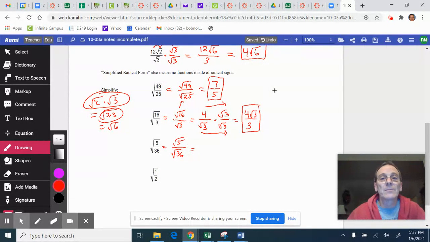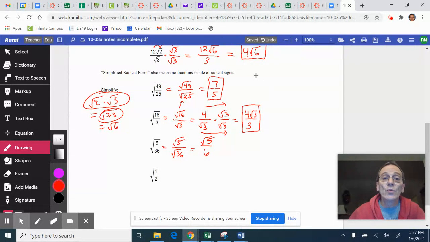Okay, and then square root of 36, come on, you got to know that. This is why I'm sort of drilling into your head what the perfect square numbers are, okay, so that you will recognize them when you see them and turn them instantly into whole numbers. Square root of 36 is 6.